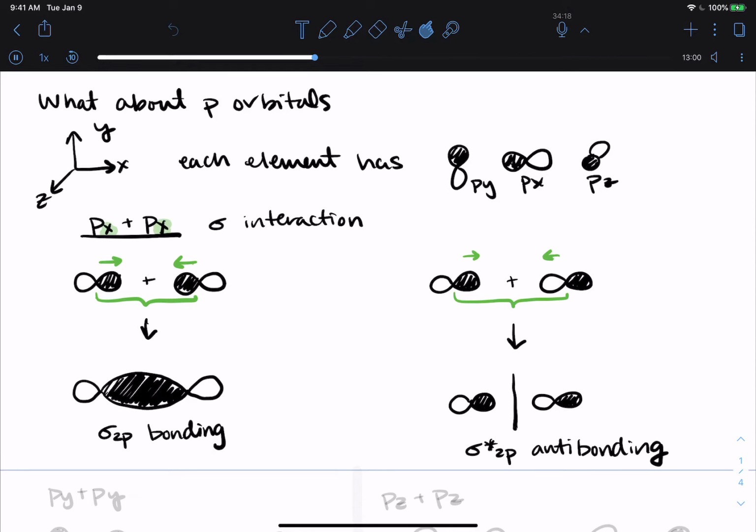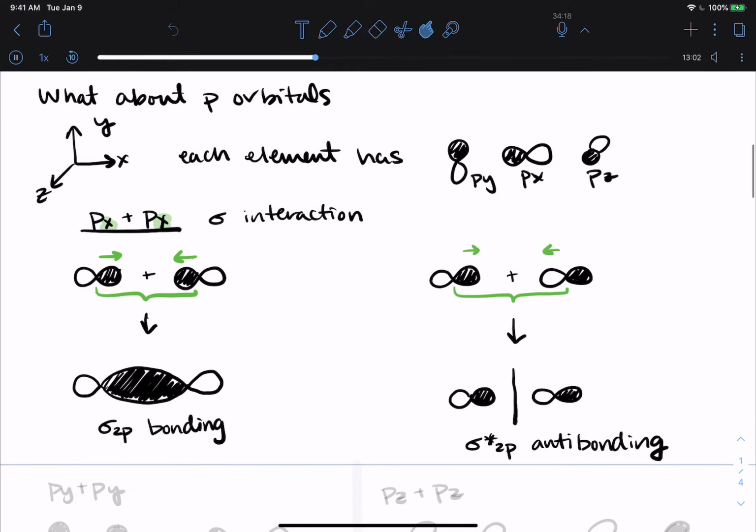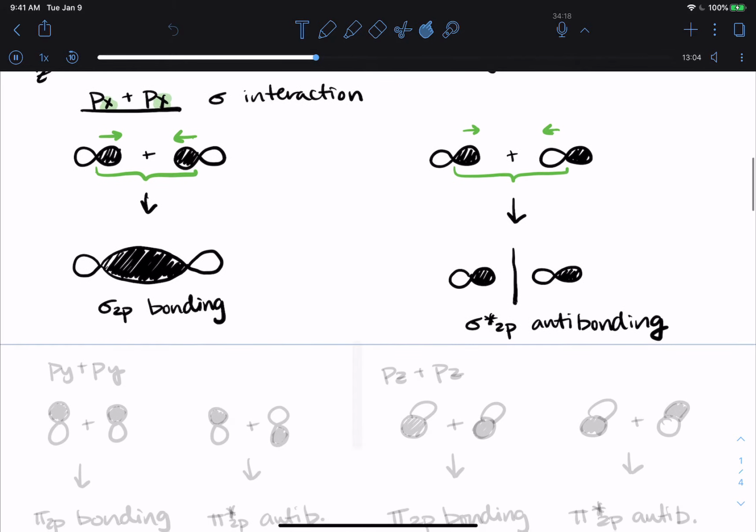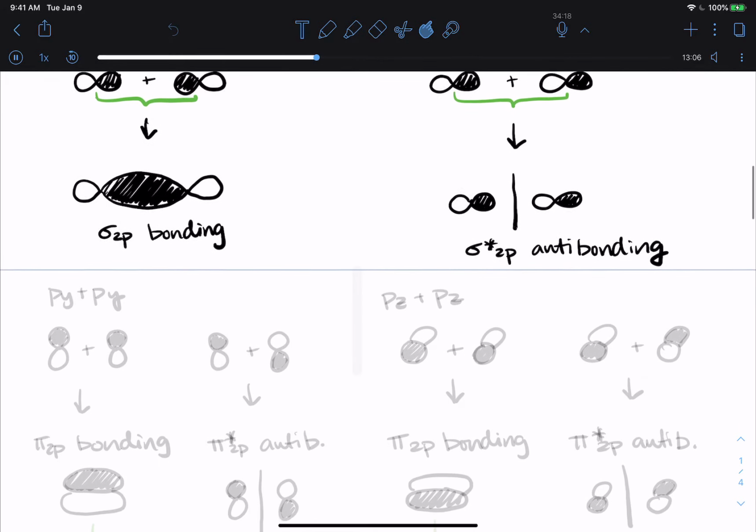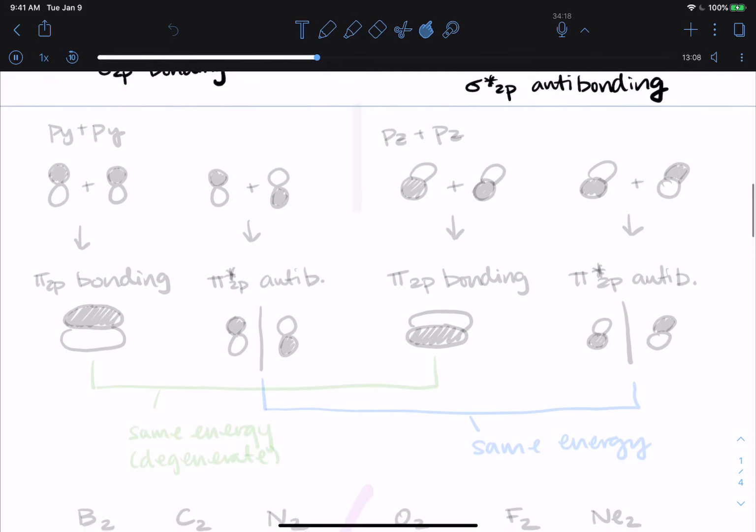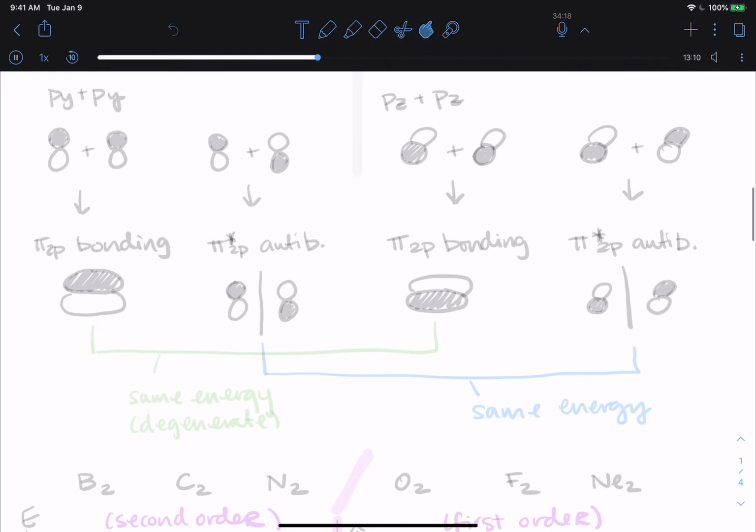Okay, so that's px. I'm going to do py and pz all kind of side by side. So hopefully my pictures won't get too small here. So py plus py, just based on the way that my py orbitals are pointed, py would be pointed in this up and down direction.